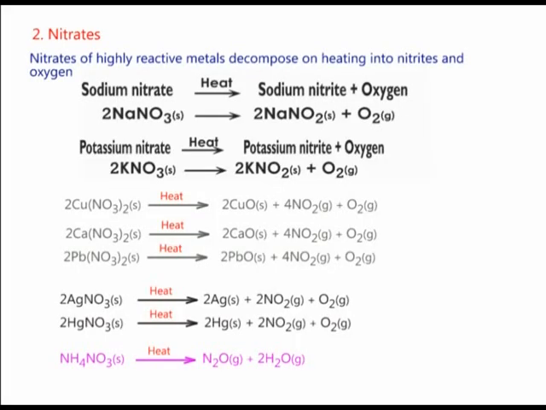And so nitrates of moderately reactive metals decompose on heating to form metal oxides, nitrogen 4 oxide, and oxygen gases. The nitrates of silver and mercury decompose to give nitrogen 4 oxide, oxygen, and the corresponding metals. On its part, ammonium nitrate decomposes to give steam and nitrogen 1 oxide. It is important to note that all nitrates decompose on heating.